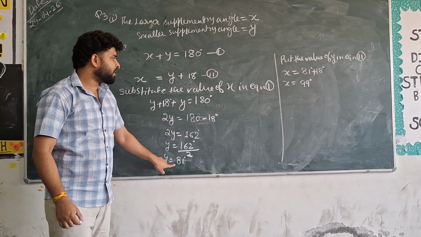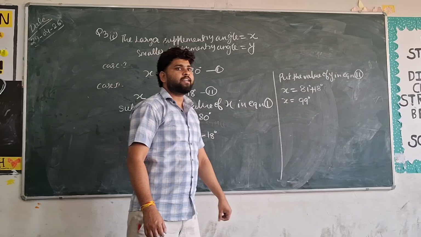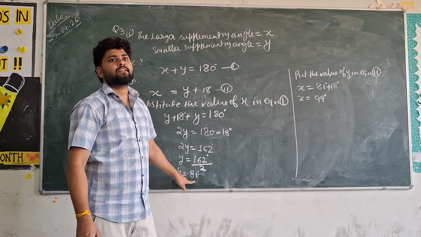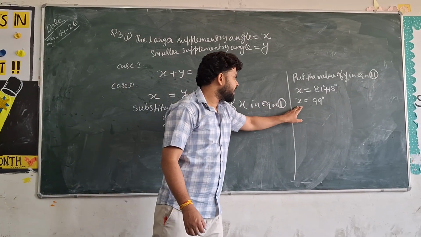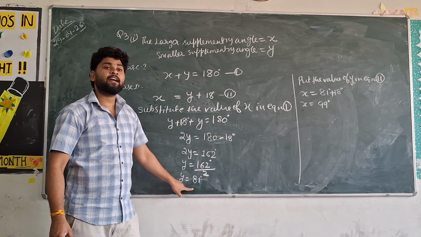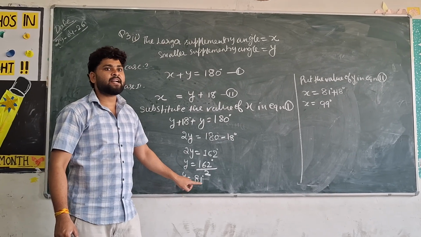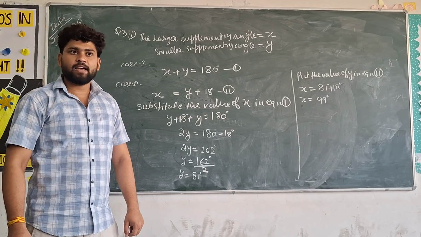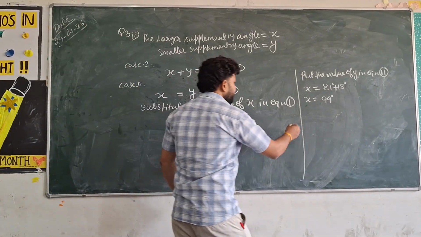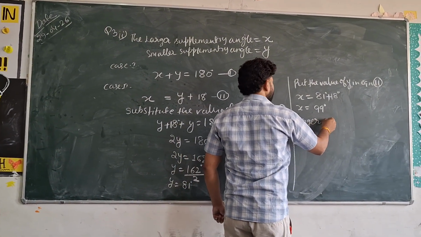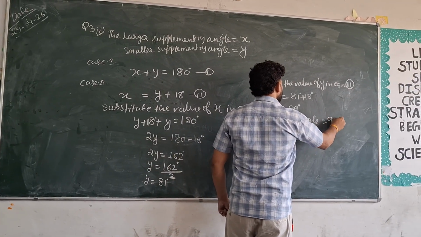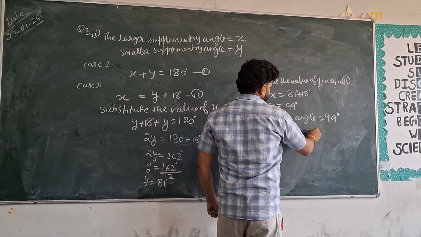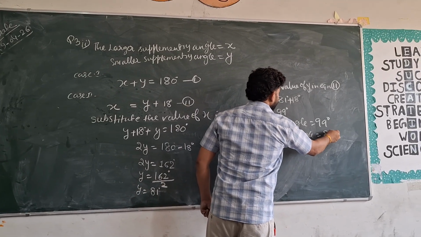Smaller angle is 81, larger angle is 99 degrees. If we subtract 99 minus 81, we get 18 degrees. It means the larger angle exceeds the smaller angle by 18 degrees. So we write: larger angle equals 99 degrees, smaller angle equals 81 degrees.